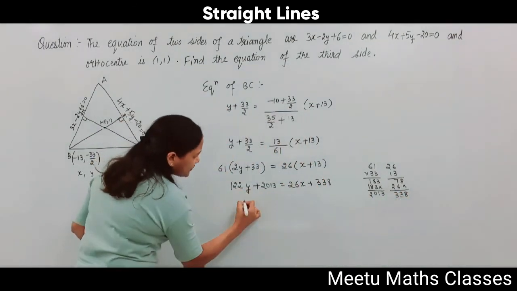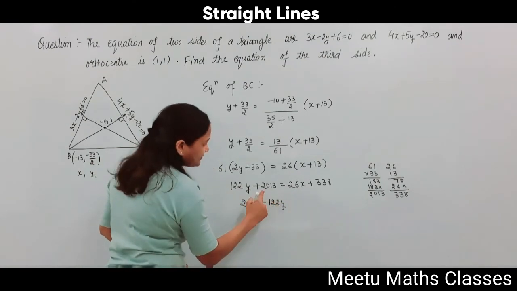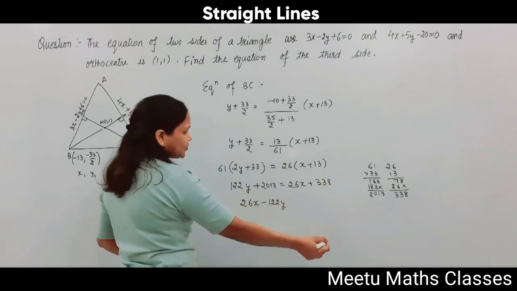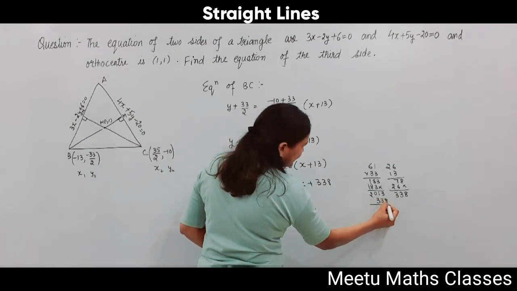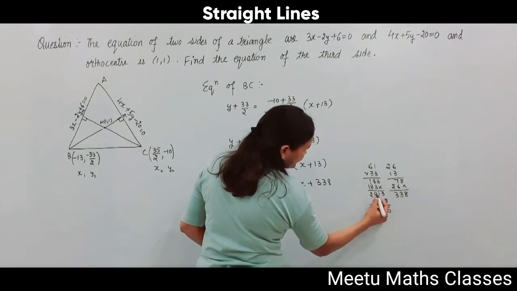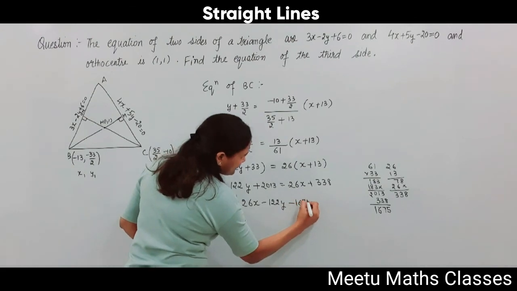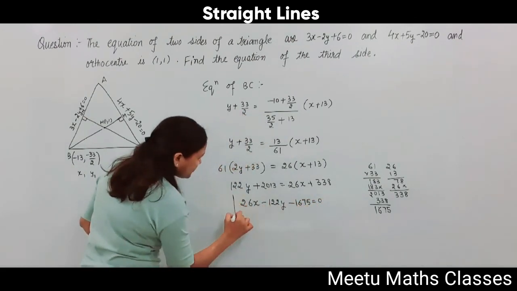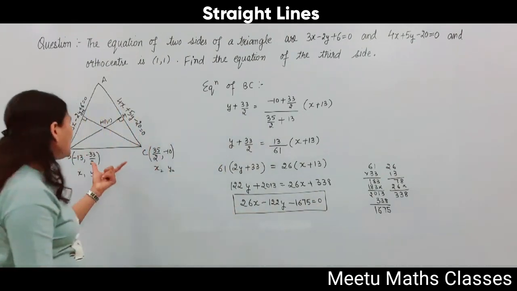Your final equation will become 26x minus 122y minus 1675 equals 0, and this is the required equation of BC.